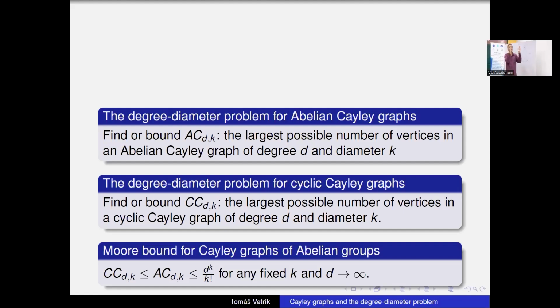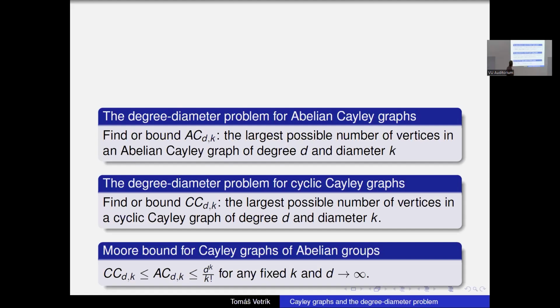Somebody studied it for vertex-transitive graphs, some researchers for Cayley graphs, and those who like groups more even go to Cayley graphs of abelian groups, which are commutative groups, or cyclic groups. So again, we can define the same degree diameter problem for specific groups: find the largest possible graph for given degree and diameter, but now for abelian Cayley graphs, meaning Cayley graphs of abelian groups, or for cyclic Cayley graphs, meaning Cayley graphs of cyclic groups.